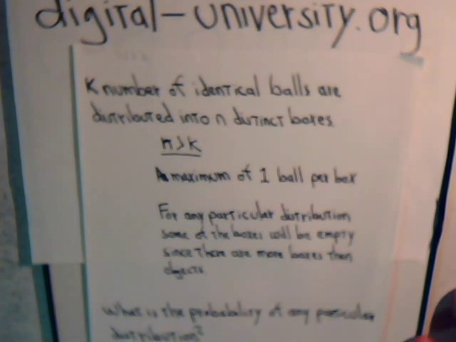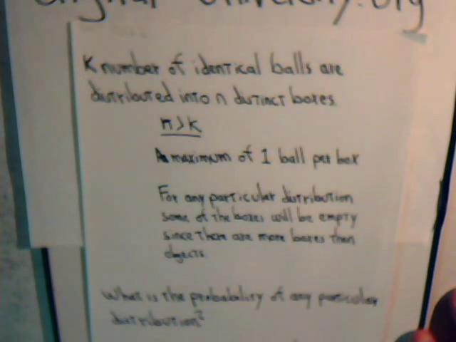The question is, what is the probability of any particular distribution? This type of problem is representative of Fermi-Dirac statistics, where, for example, each one of the identical objects could be an electron, and each one of the boxes could be a different energy level. Each box or each energy level accommodates only one object.